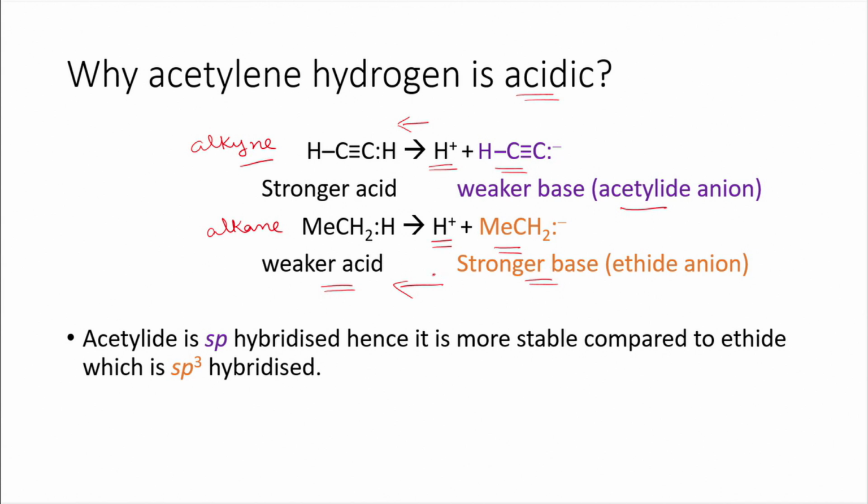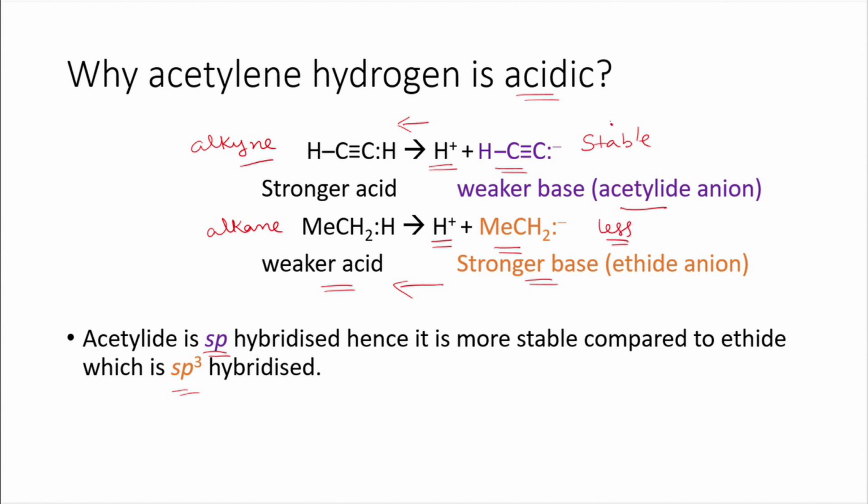That is also one more reason: in the case of acetylide, we have an sp hybridized system. So, it is more stable compared to the sp3 hybridized methide anion. So, even though this is a weaker base, this is more stable and this is less stable.